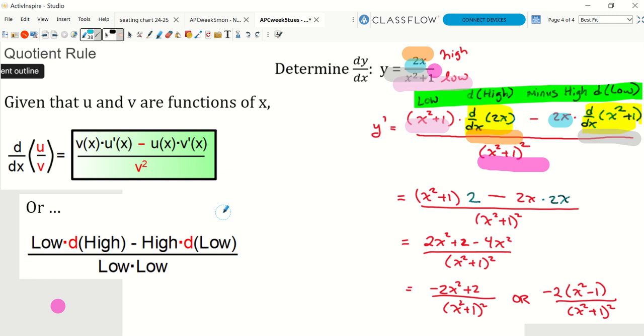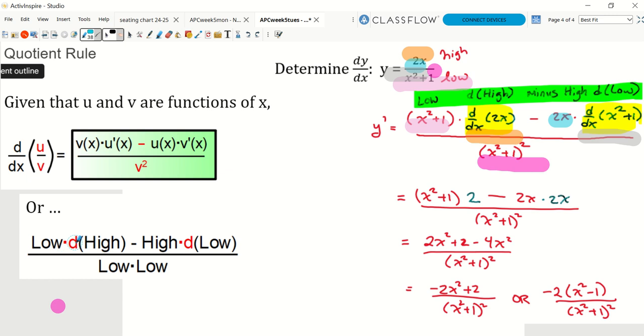Now, last example is the quotient rule, folks. Okay, so you can read this and you'll see that that's a hard way to memorize it. So I would think of this as, first of all, I'm going to use the term high for numerator, term low for denominator.